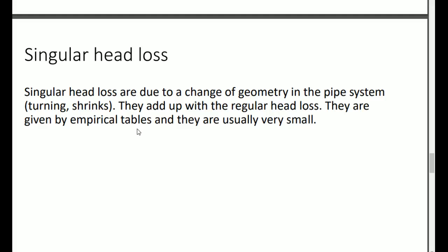You can find them on the web pretty easily, and they are usually very small unless you are doing some weird path. And this depends on the path, obviously, chosen by the fluid.